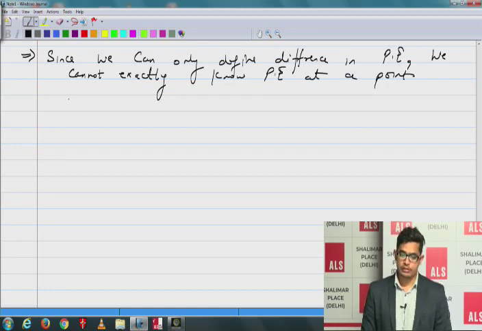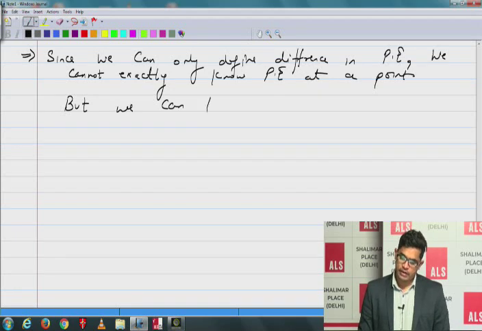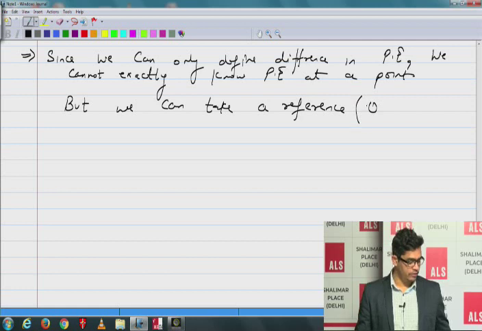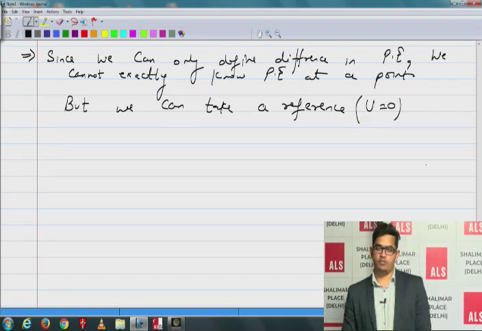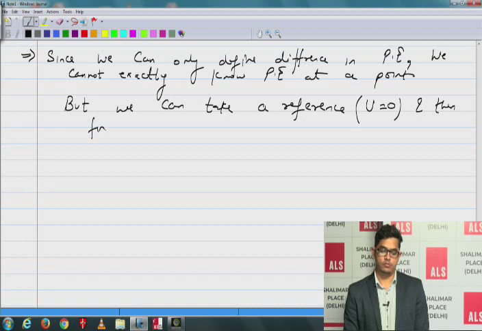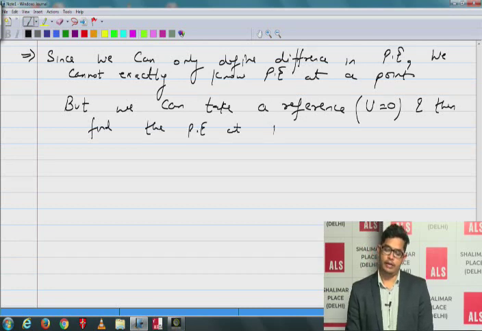But we can take a reference which has zero potential, and then find the potential energy at that point.